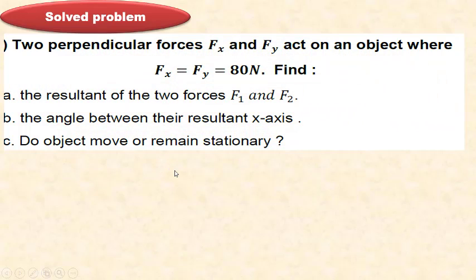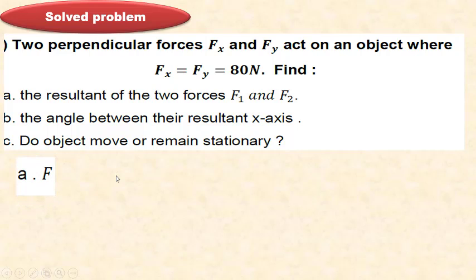Another solved problem. Two perpendicular forces Fx and Fy act on an object, where Fx and Fy are equal, 80 Newton. Find, number A, the resultant of the two forces F1 and F2; the angle between the resultant and the y-axis, which is known as theta; and whether the object moves or remains constant.